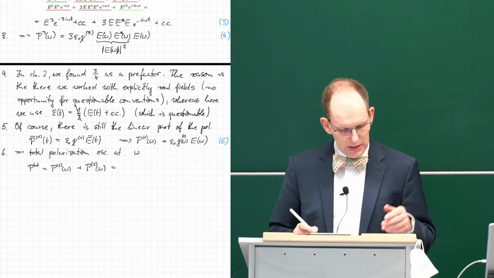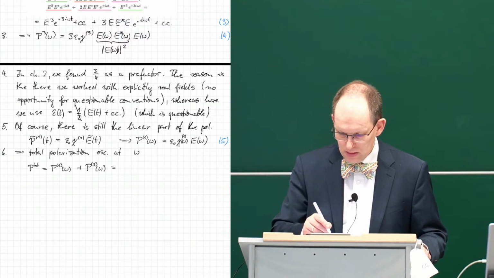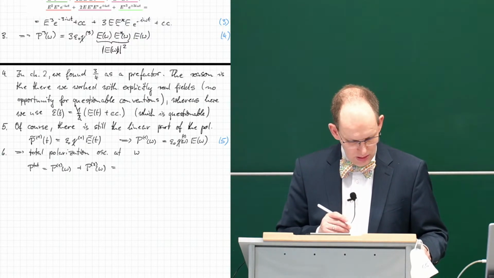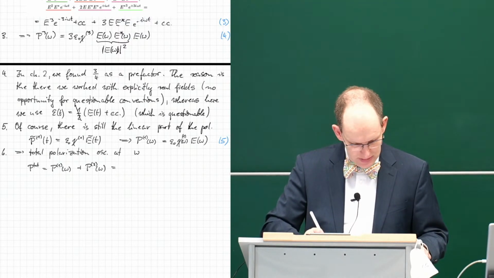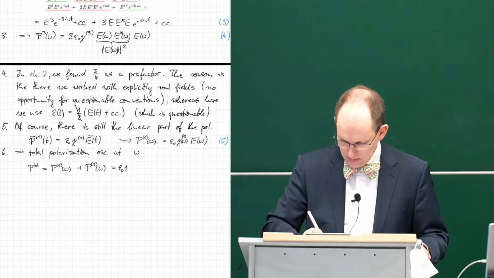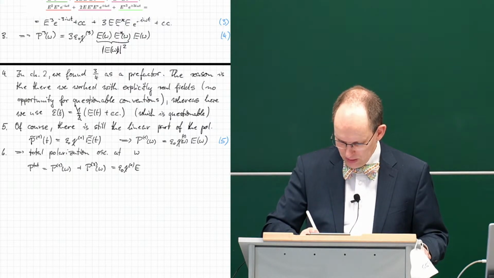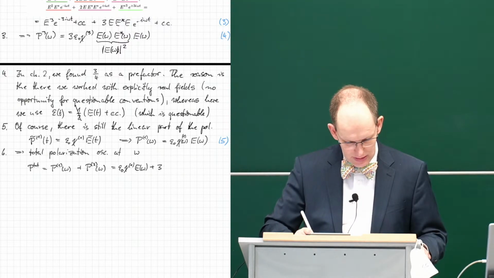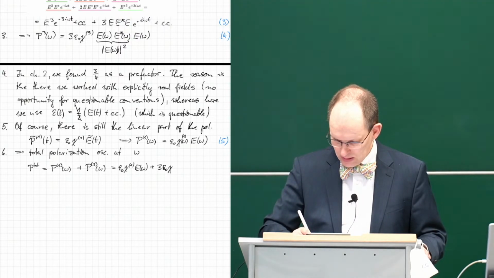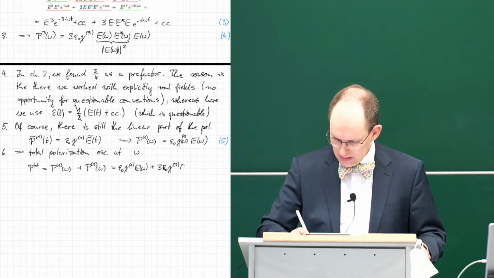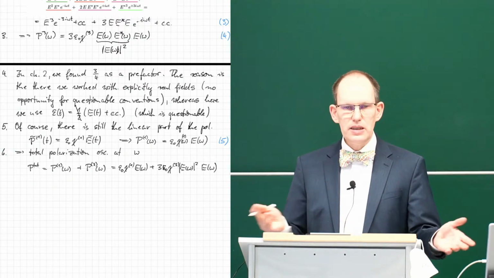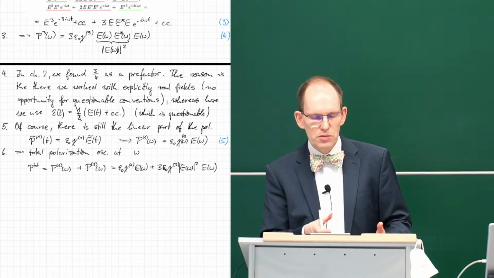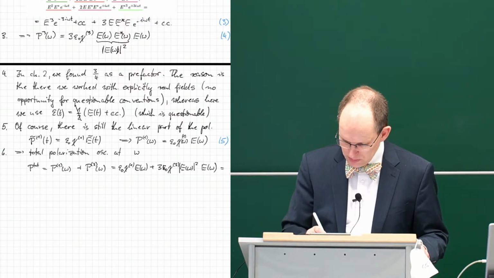And then we just substitute what we have in equation 4, for example. This is epsilon 0 times chi 1 times E of omega plus 3 times epsilon 0 chi 3 E of omega magnitude squared times E of omega. And you see a sum where in both terms we have E of omega, so it's obvious what we do next.